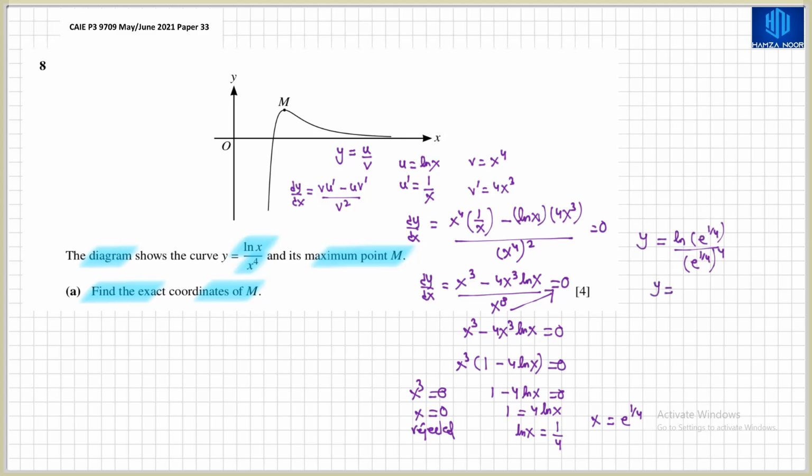Therefore y equals 1 over 4 times ln e divided by e, and since ln e equals 1, y equals 1 over 4 divided by e. So the exact y coordinate is 1 over 4e. Therefore the exact coordinates of point M are e raised to the power 1 over 4 comma 1 over 4e. This is your final answer to part A.